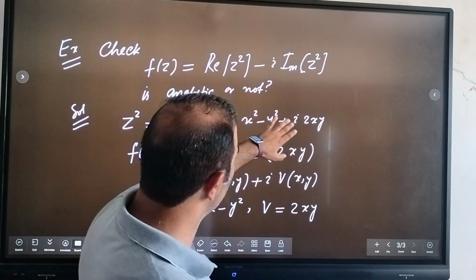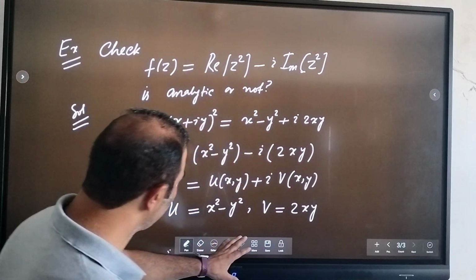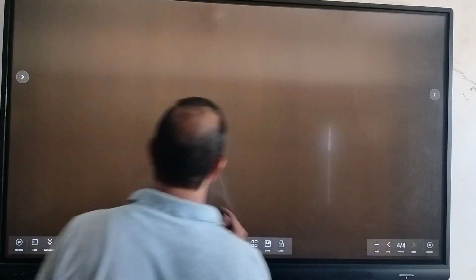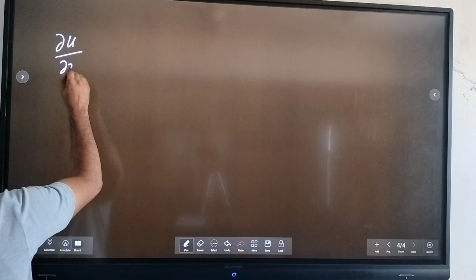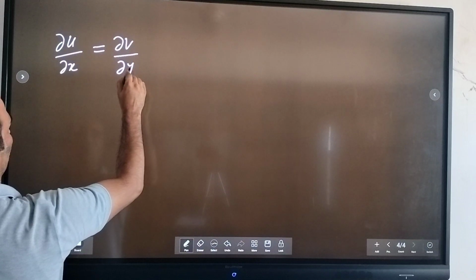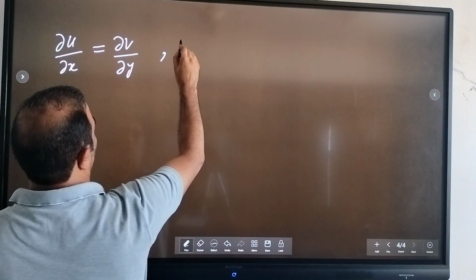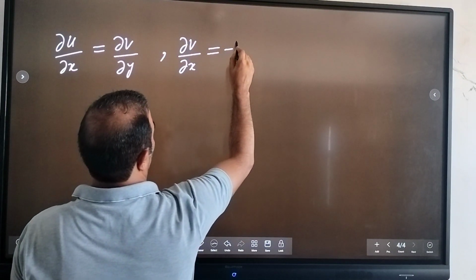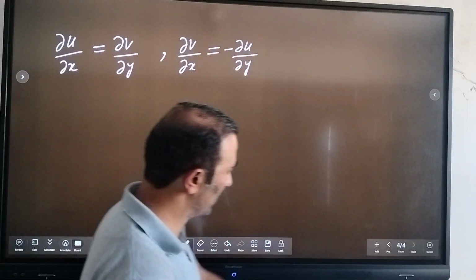Because our imaginary part of this is 2x. Okay. Now let's calculate. We need to check whether this condition is satisfied. So we need to check the condition that, okay, we need to check this condition.